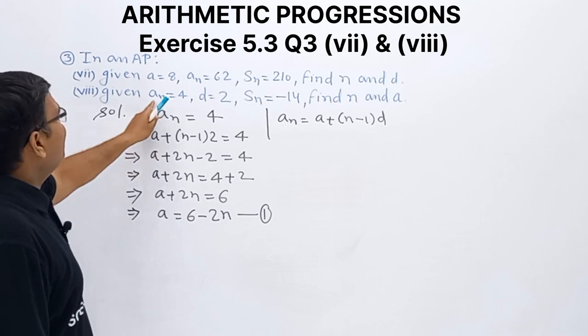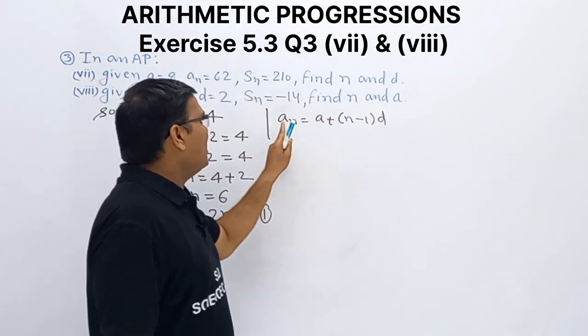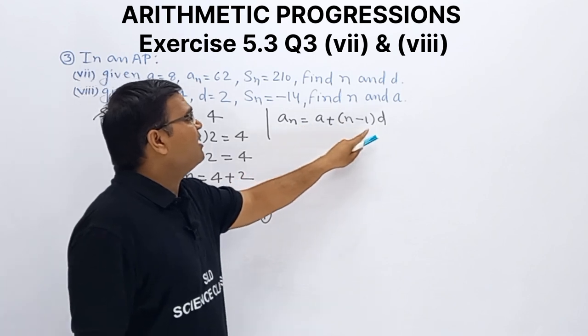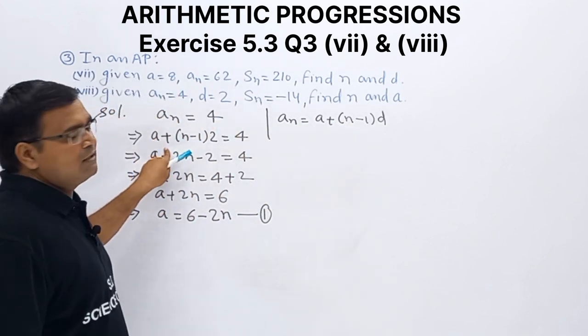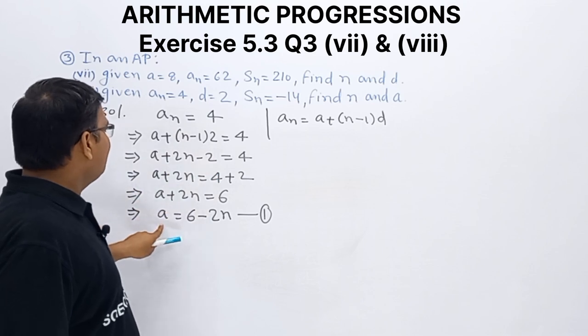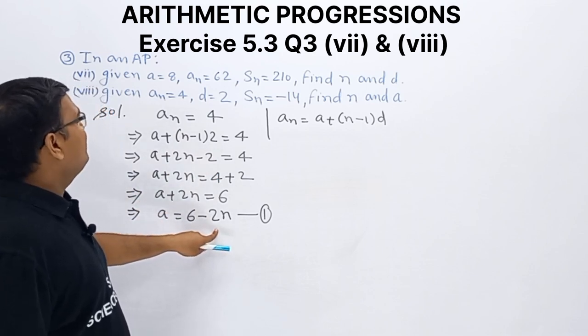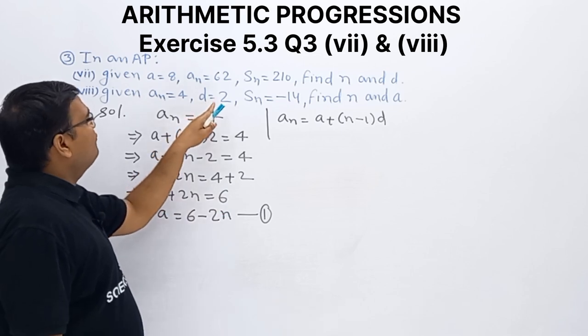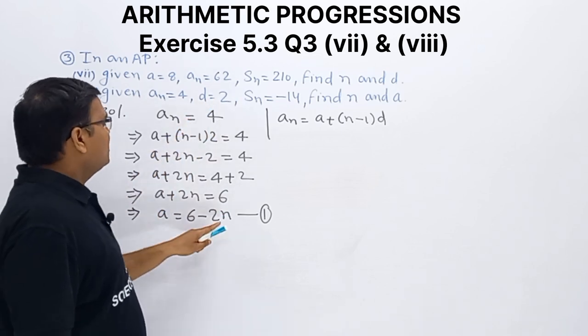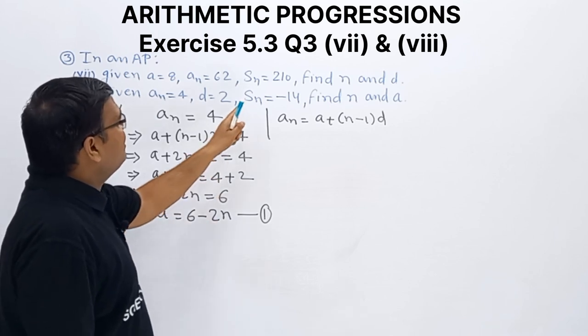Observe, An equal to 4 we are having, d equal to 2 we are having, we require a, so the nth term of the AP formula a plus n minus 1 into d we are putting there. Putting the values of d and solving, we are getting a equal to 6 minus 2n. We are not having the value of n, we want it, so we will use another condition.